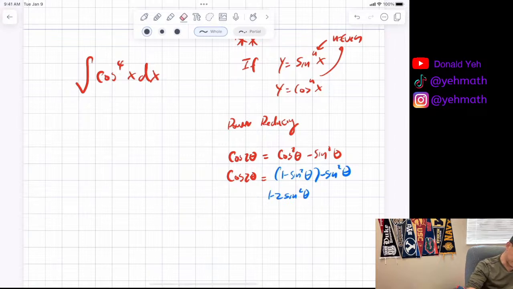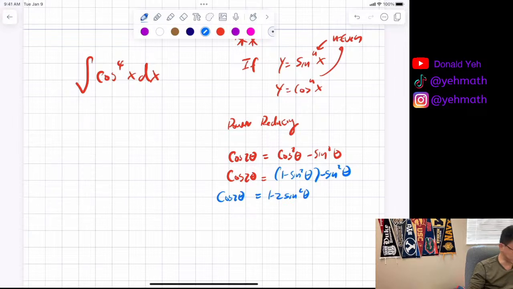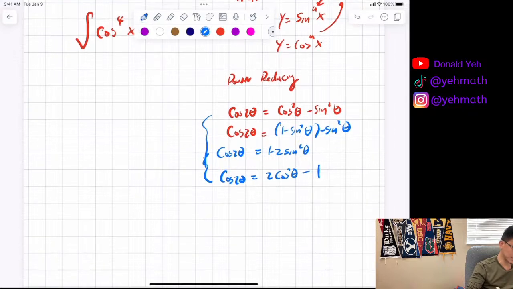Is that okay? Now, that's not a power reducing, but it's very close. This is the double angle identity that we're looking for. Now, if we replace the sine squared theta with 1 minus cosine squared theta, then cosine 2 theta is equal to 2 cosine squared theta minus 1. All three of these are double angle identities, not the second one. The second one is how to derive it.